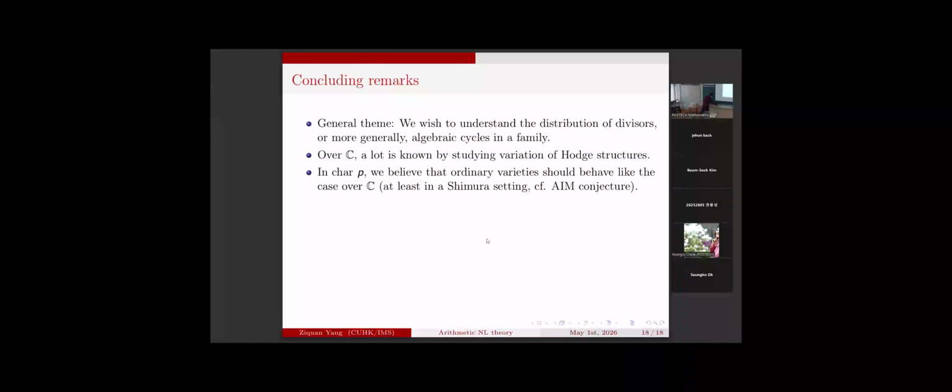It's called the AIM conjecture because it was made during a workshop at the American Institute of Math. The conjecture says the following: take S to be a Shimura variety, and I'm taking it to have an integral model, and let's say it is Hodge type, etc., etc. And let's say you take two subvarieties in its mod p fiber, such that they are both generically ordinary.